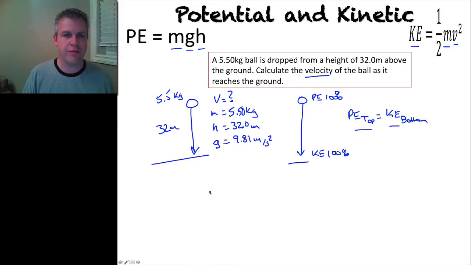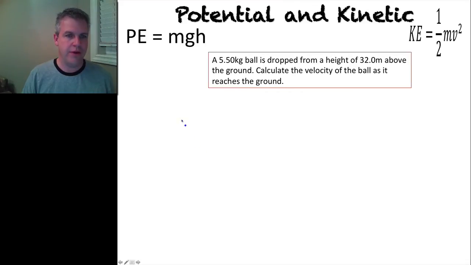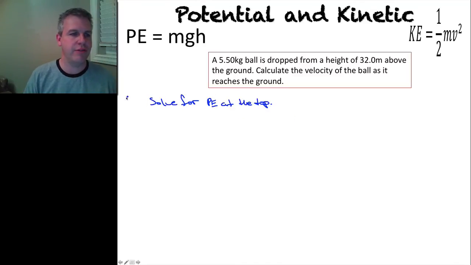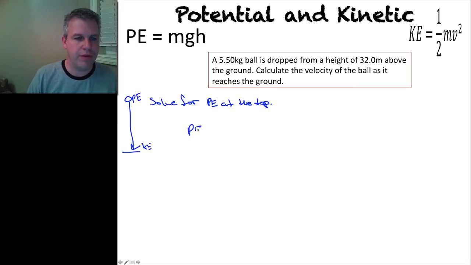Let's give that a try. I'm going to clear my screen. The first thing I'm going to do is solve for potential energy at the top. I want to solve for potential energy, and I'm going to use that information to give me the value for kinetic energy at the bottom. Potential energy is equal to mass times gravity times height.